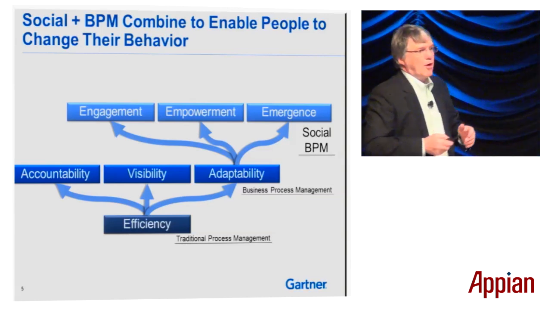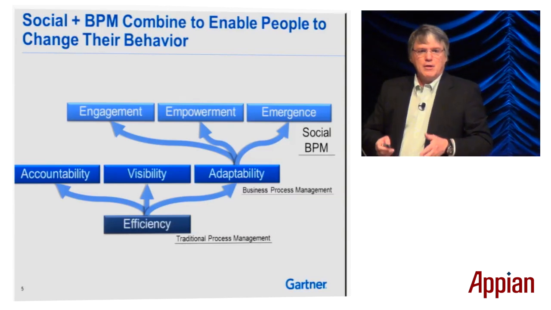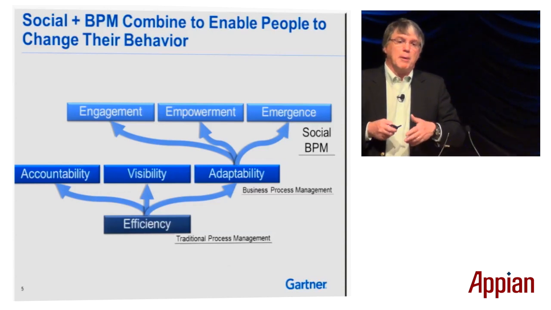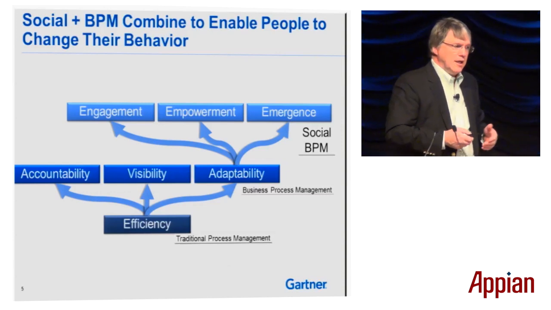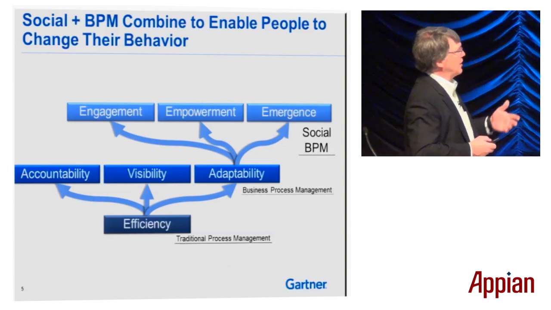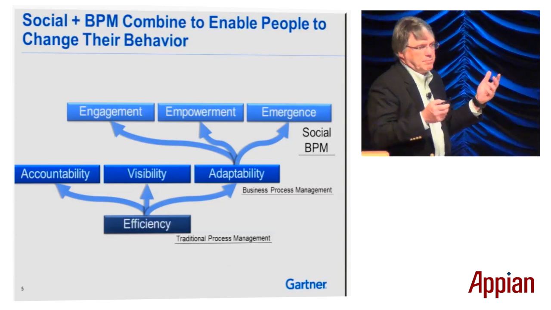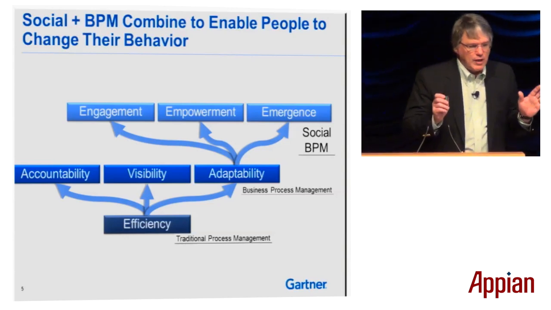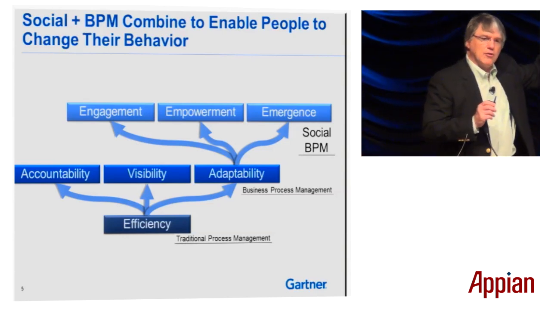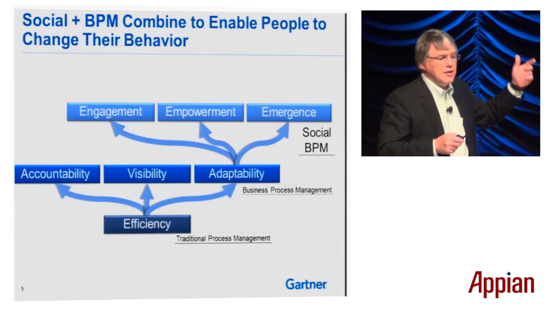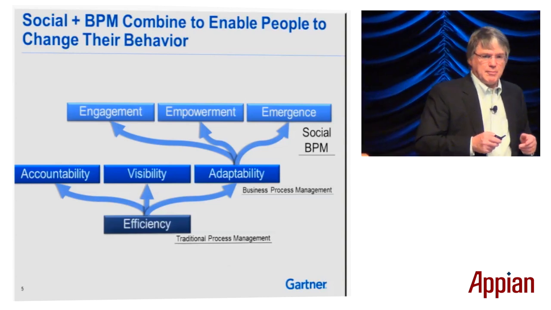Now, as I mentioned up front, traditional BPM, or traditional process management, you go back to Taylorism and so on, even Six Sigma and some of those techniques, was all about efficiency. Then with modern BPM, we started to say, well, that's great, efficiency is great, but these other attributes are becoming important too: the accountability I mentioned up front, visibility, and adaptability.